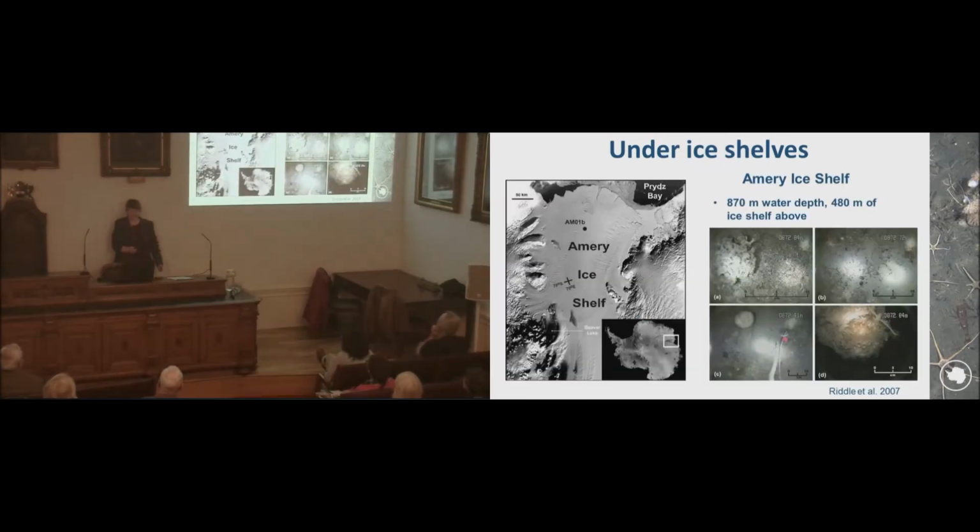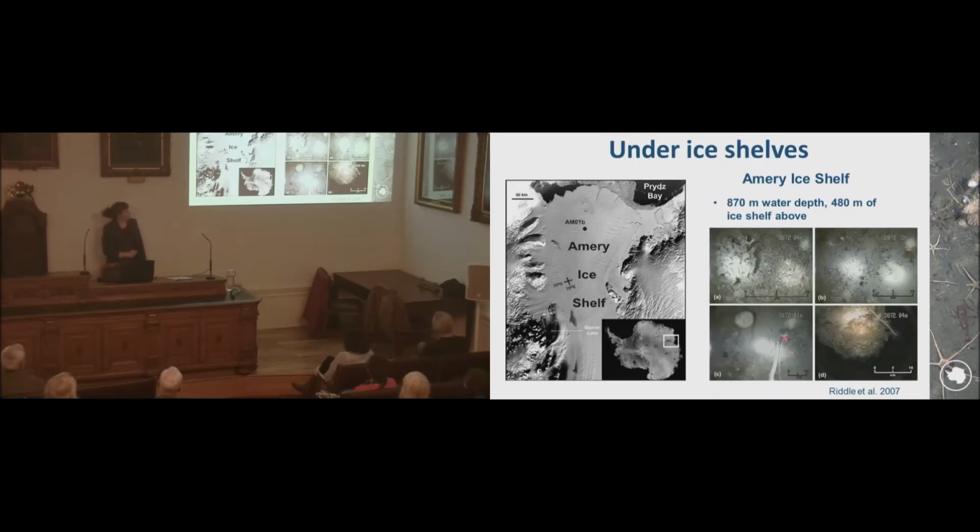In the study by Martin Riddle in 2007, when they went into the Amery ice shelf, they had a station 100 kilometers inland, 100 kilometers from the shelf ice break to the inner station. And underneath on the seafloor, they discovered a vivid community of suspension feeders, of sponges, bryozoans, and hydrocorals.